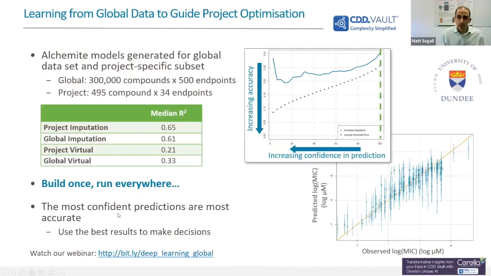Here's another example close to our heart, working with the University of Dundee, looking actually at global health diseases. In this particular case, we were looking at an anti-malarial project.